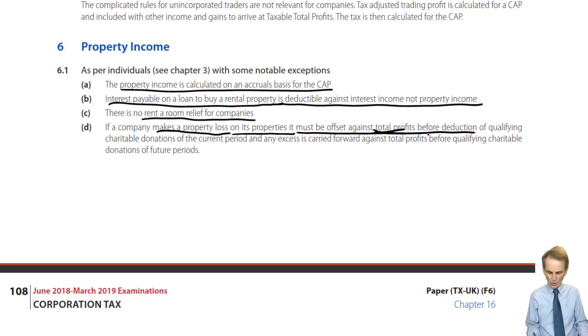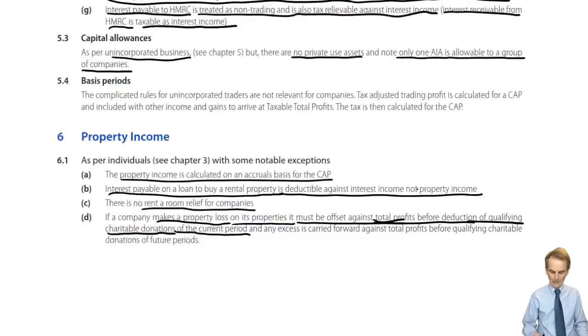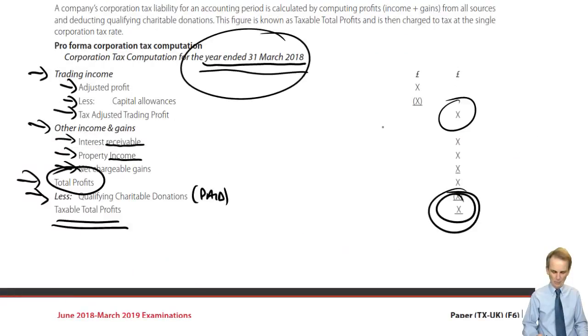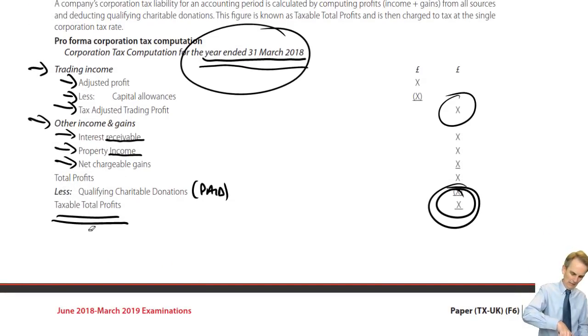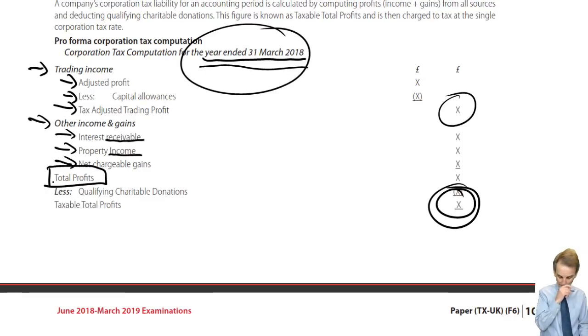Total profits, which are, if you remember your pro forma, I'll take you back to it in a moment, before the deduction of any qualifying charitable donations. And that is of the current period. So just to remind yourself, on your pro forma computation, there are your total profits.